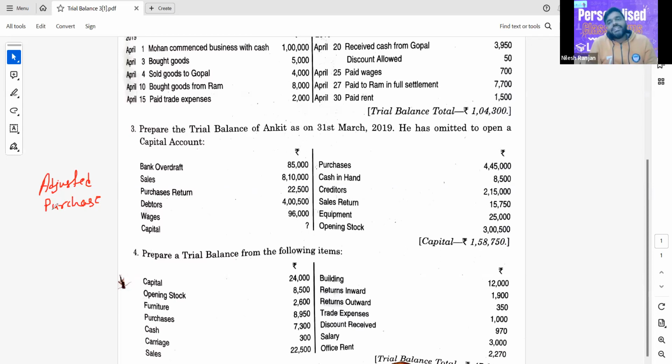Okay, actually, these things are generalized. This is not special to accounting. If full settlement is written, then it means that we are taking a discount here. A discount. Yeah, that's what I was trying to remember. Like, they're not giving it in simple words that we got the discount.